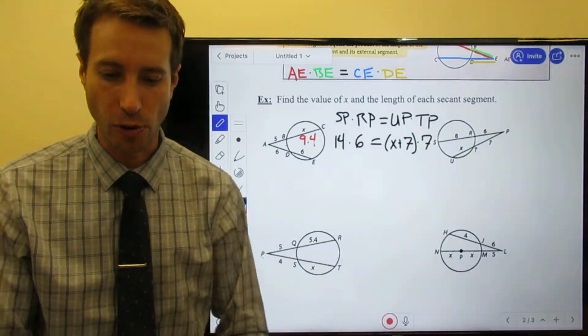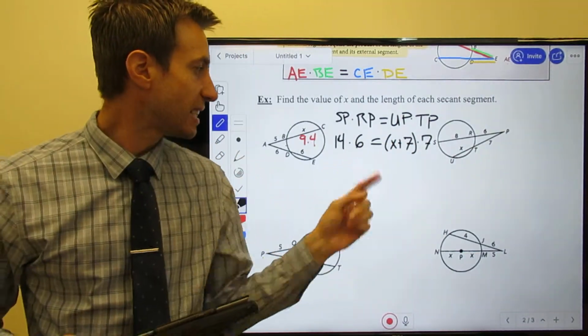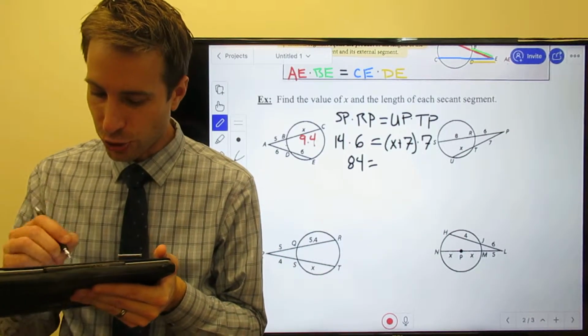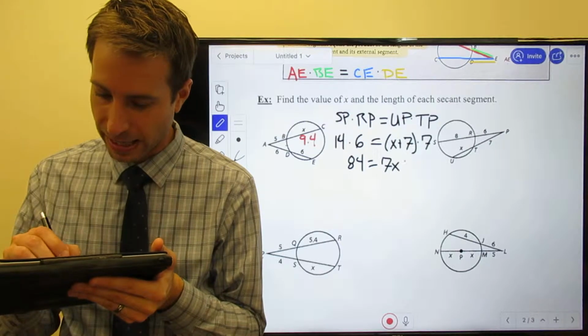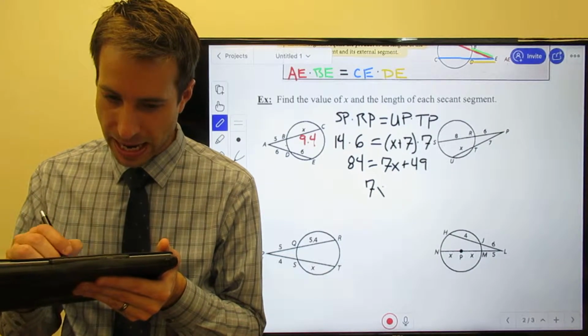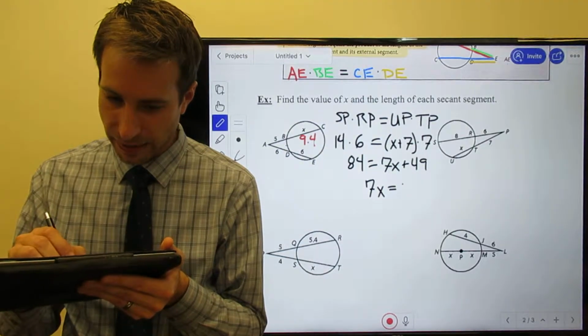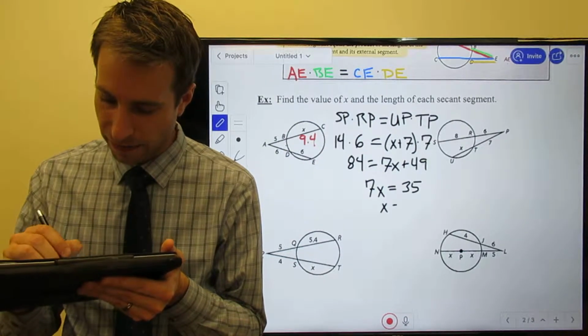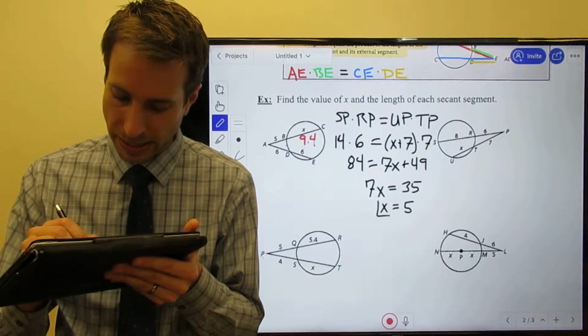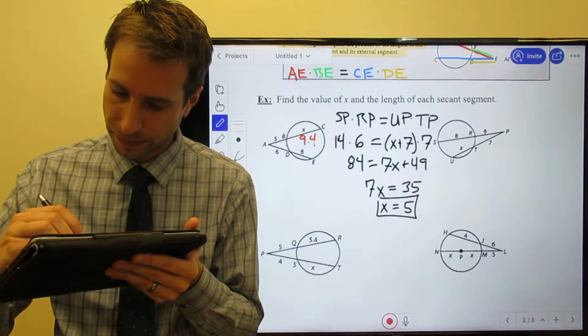Distribute, solve for X. 14 times 6 is going to be 84. I distribute the 7, I wind up with 7x plus 49. Subtract the 49 to the other side, 7x is going to be equal to 35, and that works out nice. 35 divided by 7 is going to be 5.